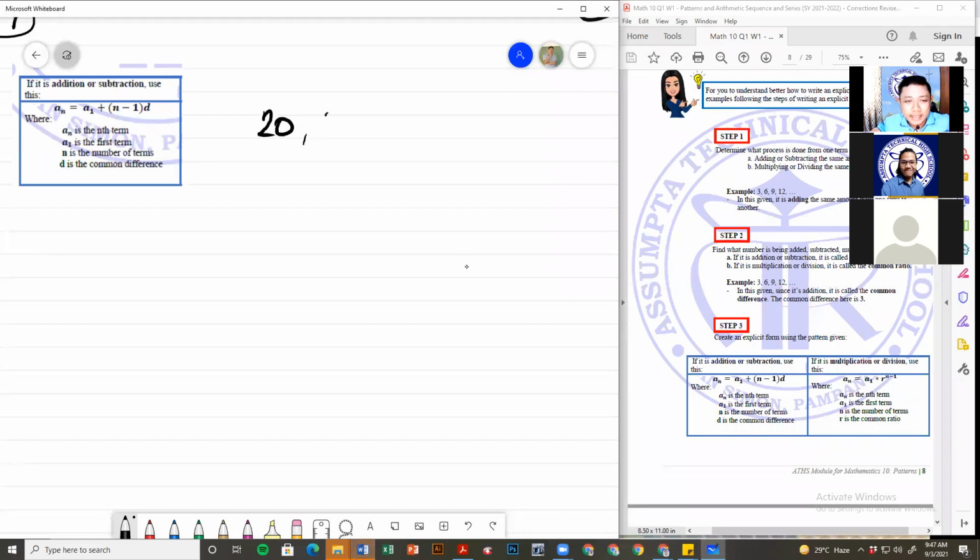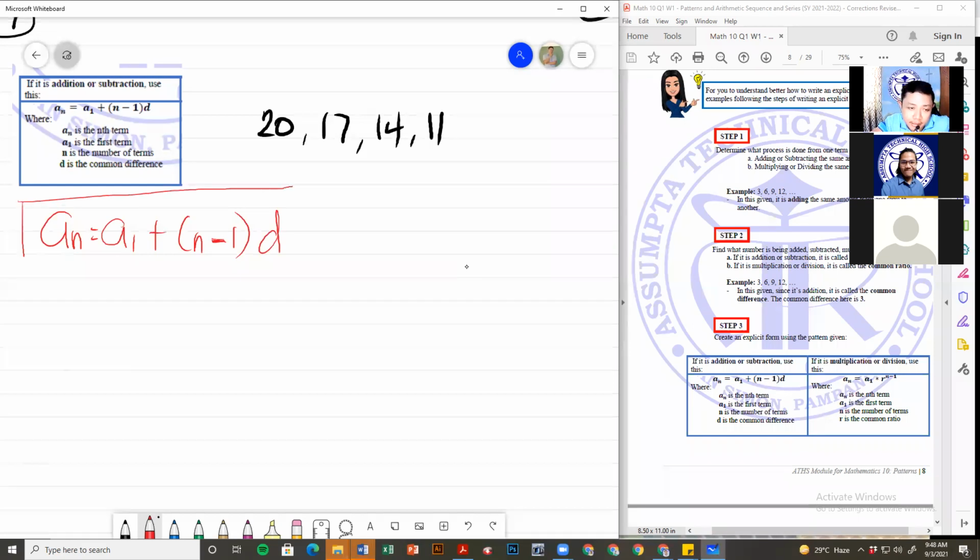Okay? 20, 17, 14, 11. So, all we have to do is to use this formula. A sub n is equal to a sub 1 plus n minus 1 times d. Ayan. This is the formula for the arithmetic sequence, which will be our next topic.